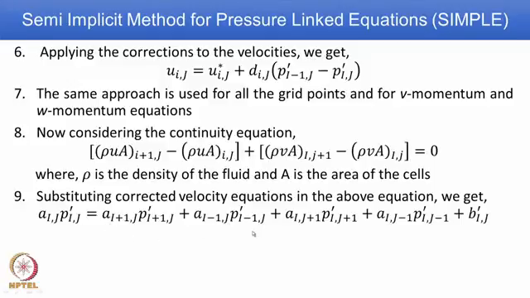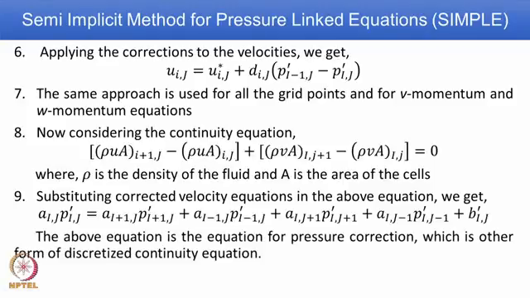So, this equation has a form similar to other discretized equations. The above equation is the equation for pressure correction, which is another form of the discretized continuity equation. This step is what is known as the pressure velocity coupling stage.